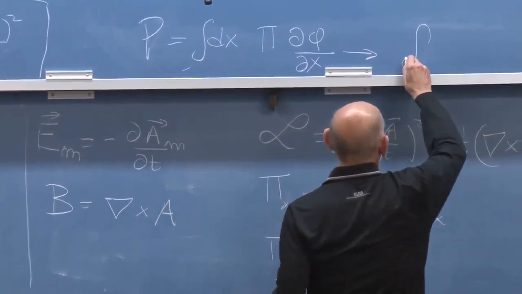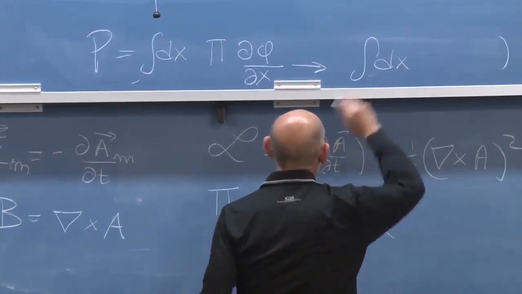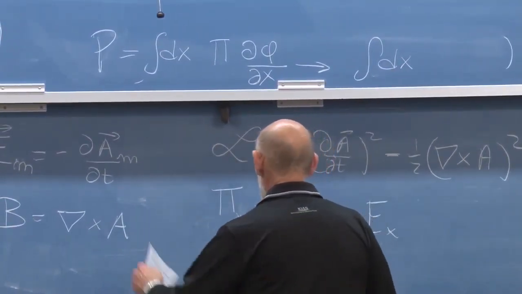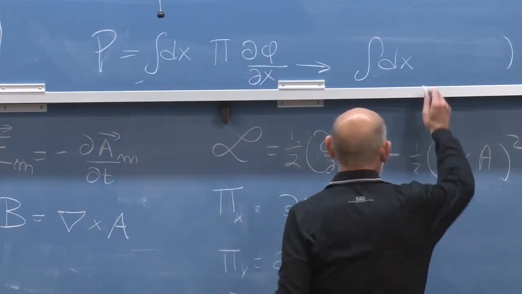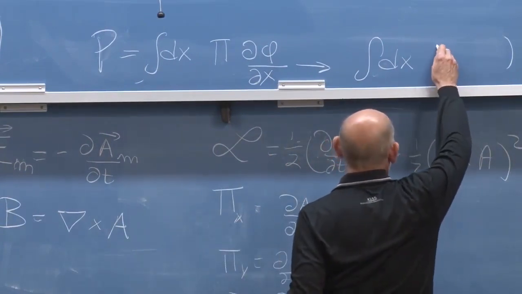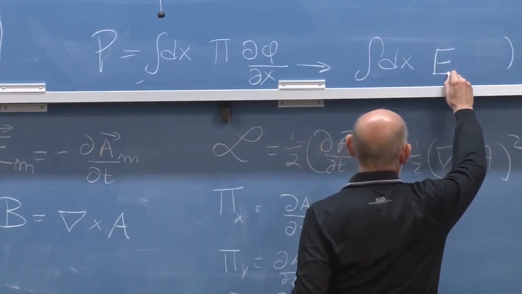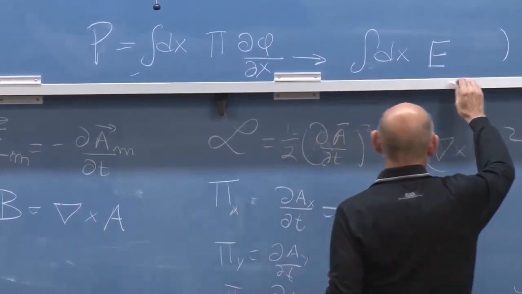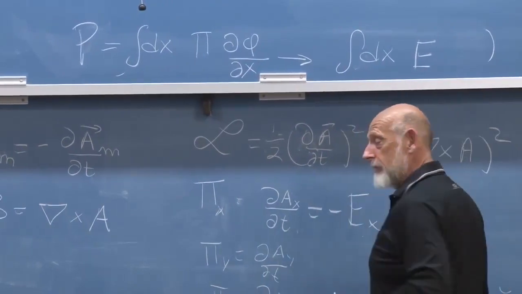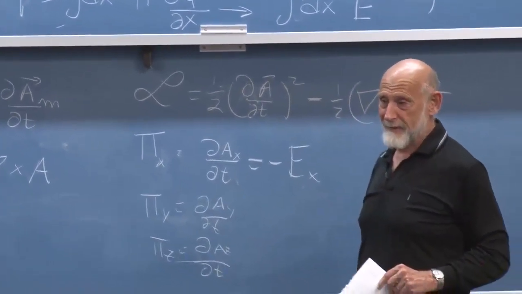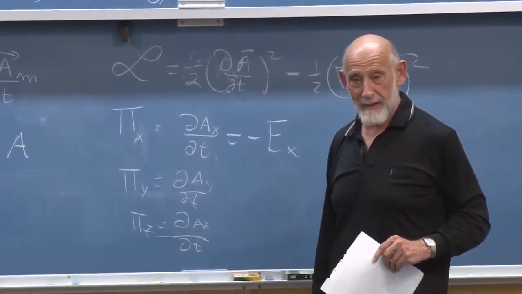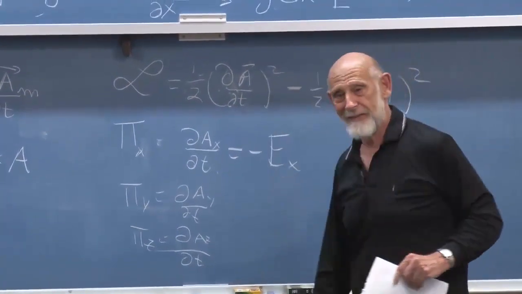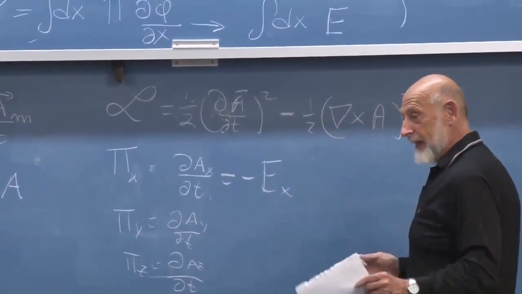the integral over dx of pi, which is related to the electric field. I am certain that I don't know the sign that goes here. Offhand, I would have to figure it out.